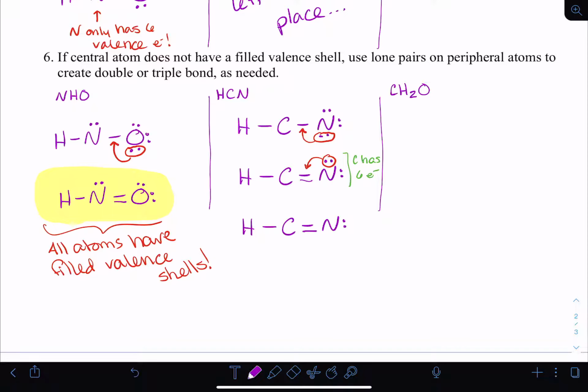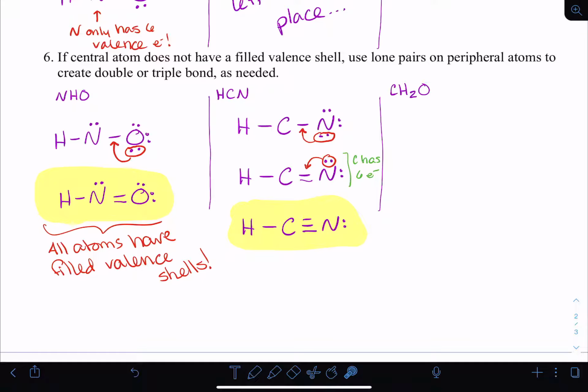We're now moving a second lone pair to create our triple bond. And now carbon is involved in 4 bonds, each of which have 2 electrons in them, giving it a total of 8 valence electrons. Our nitrogen has 3 bonds containing 6 electrons plus a lone pair for the last 2 to give it a total of 8.